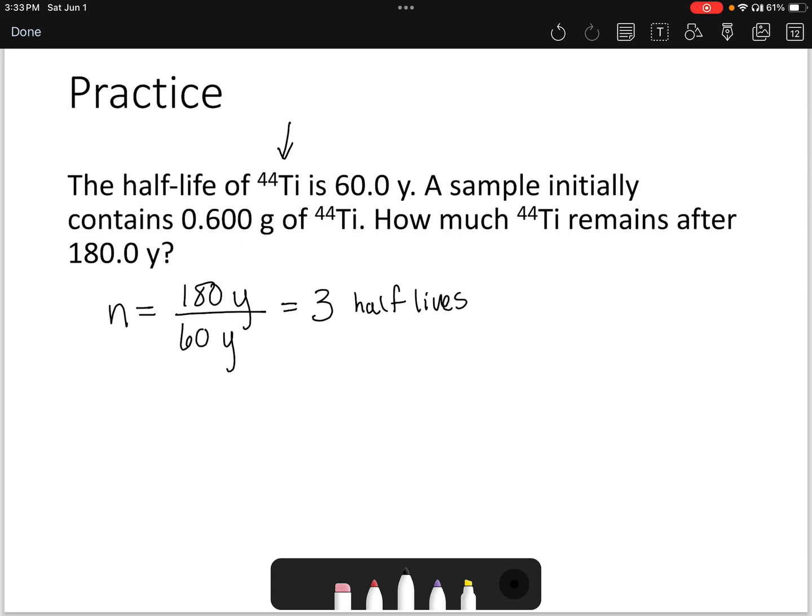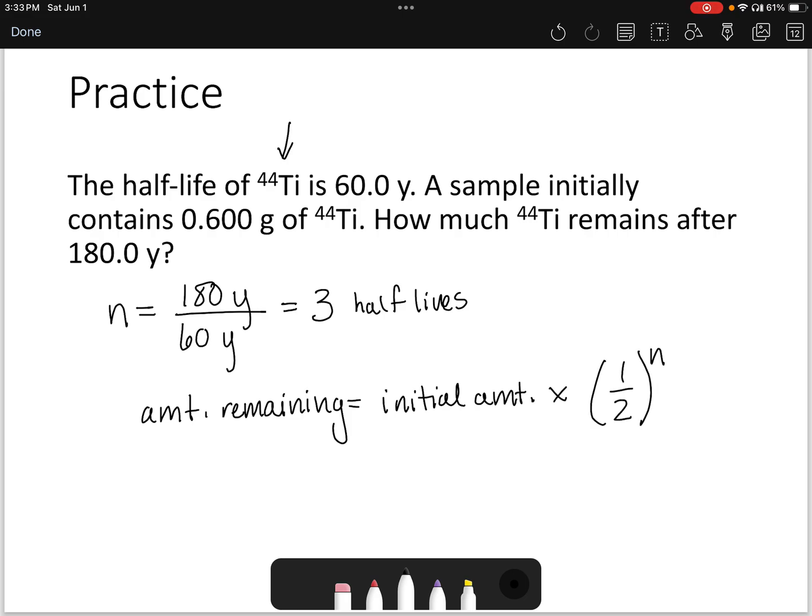All right, so let's plug this into our equation. So the amount remaining is equal to the initial amount times 1/2 to the nth. So our initial amount was 0.6 grams, and our number of half-lives is 3.